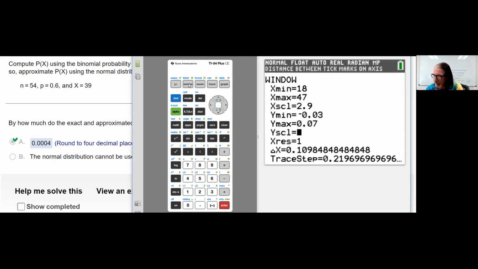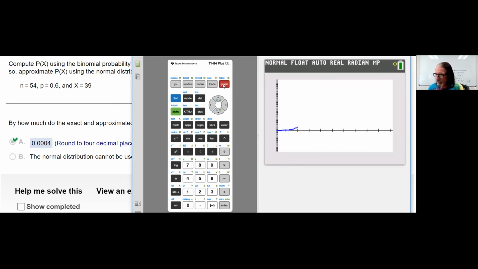And this way, if I divide how far apart those are by 10, so that I don't get a lot of tick marks there. Still missed it by a bit.